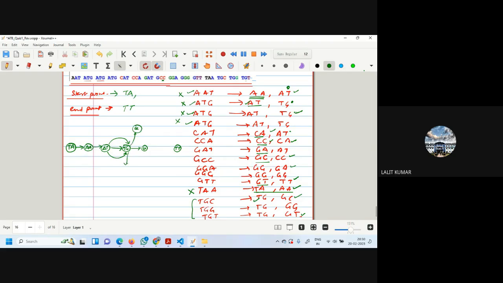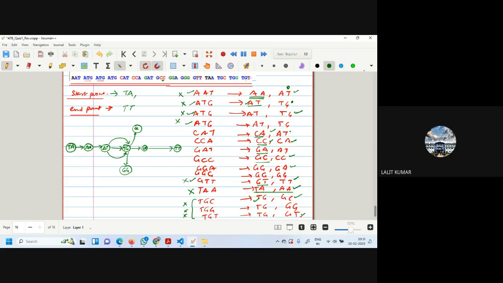We take one route here, which is GG. So we have covered this path also. Now we come to, for example, GT. From GT, it goes only to TT, which is my endpoint. So this cannot be explored further. I have covered this also.